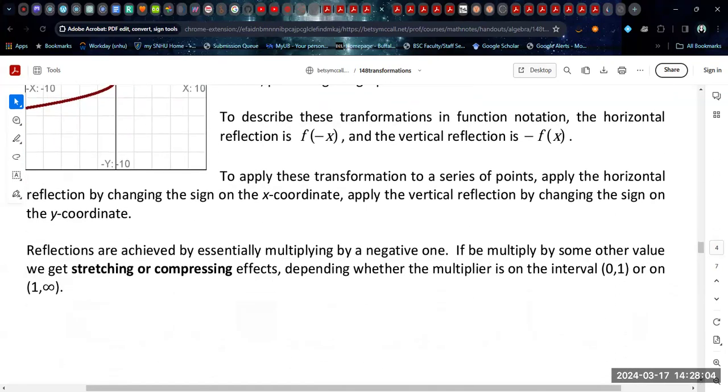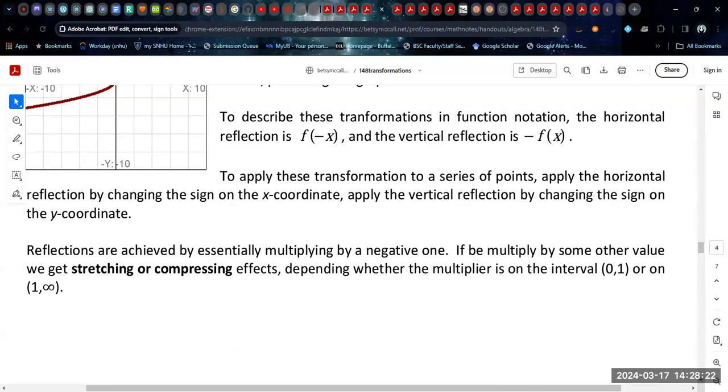Now, when we do stretching or compressing, this is also achieved by multiplying by something. And so technically the reflections and the stretching and compressing can be done together because they're both achieved by multiplication.